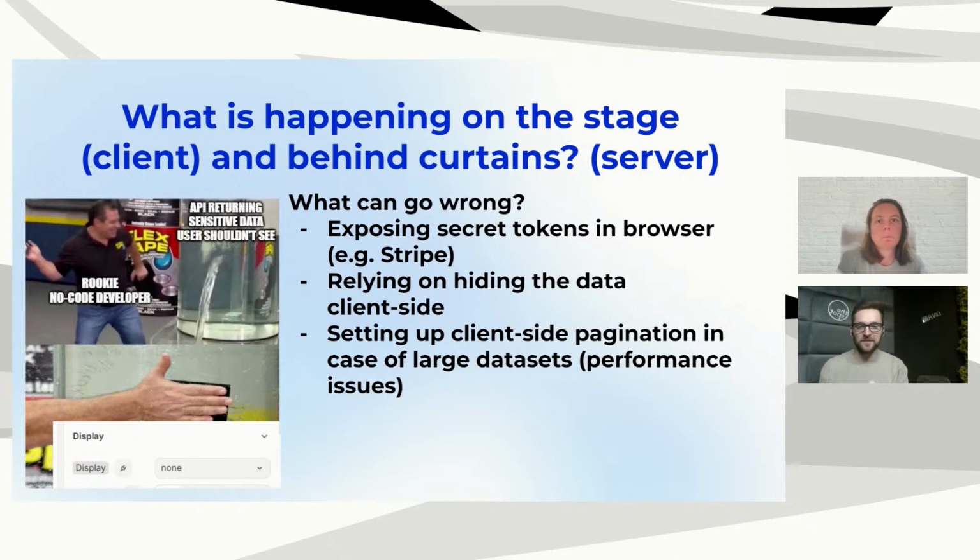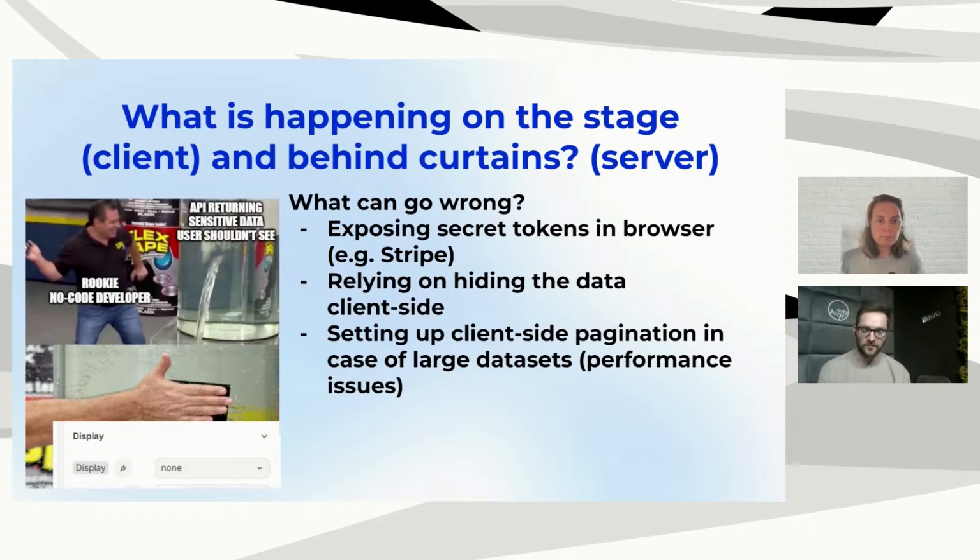So it's like, for example, Stripe. If you are integrating Stripe, you have a public token and you have a secret token. The public token is used for their SDK or for browser calls.